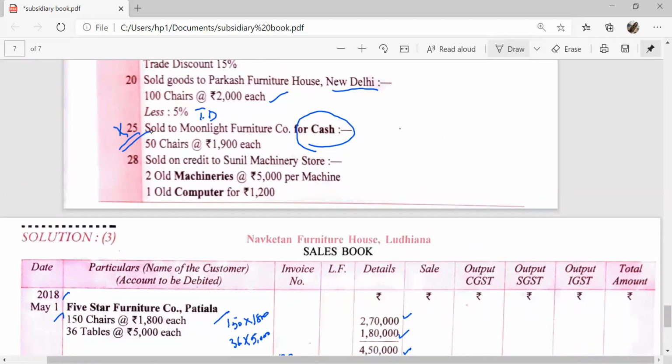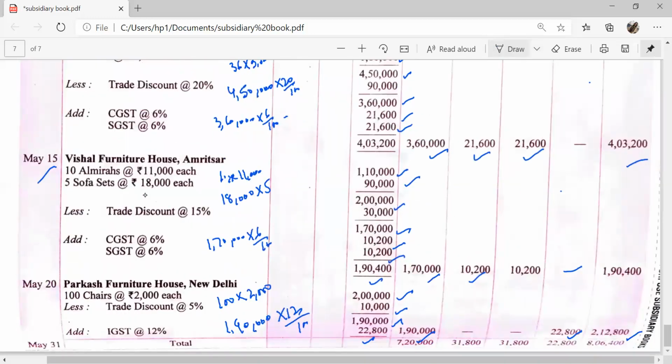This transaction will be recorded in the journal proper because it is a sale of an asset. Whenever an asset is sold for cash, it will be recorded in the cash book, and whenever assets are sold on credit, it will be recorded in the journal proper. Two old machineries and one old computer: this transaction is also not recorded here.